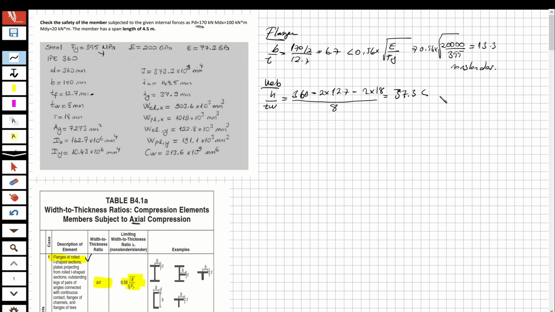We check whether it is smaller than 1.49 multiplied by the square root of E over Fy, which is equal to 35.4. This is not smaller than 35.4, so this is a slender section. So now we have a member with slender elements.